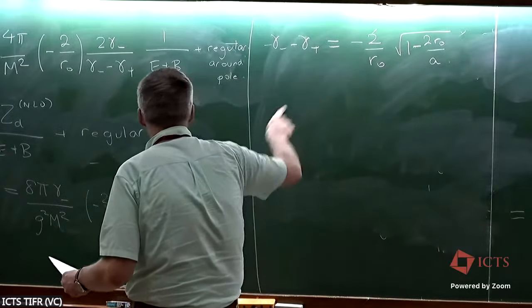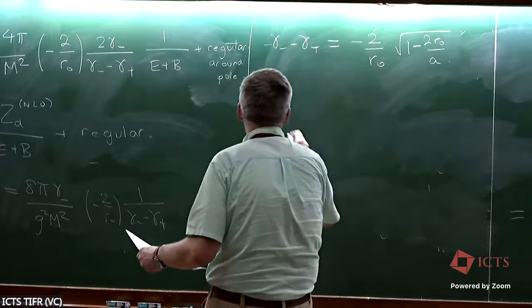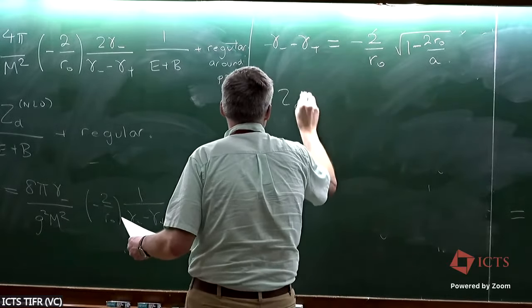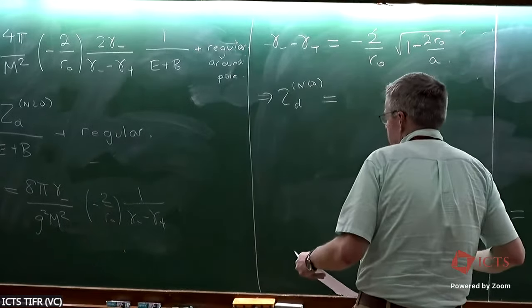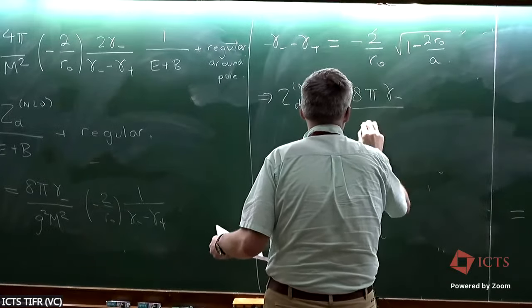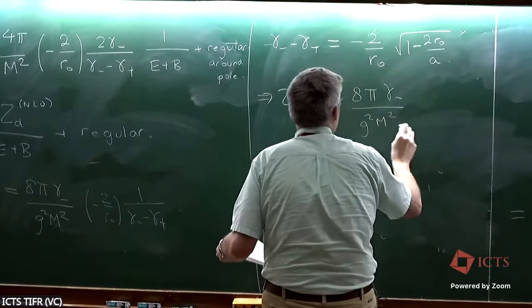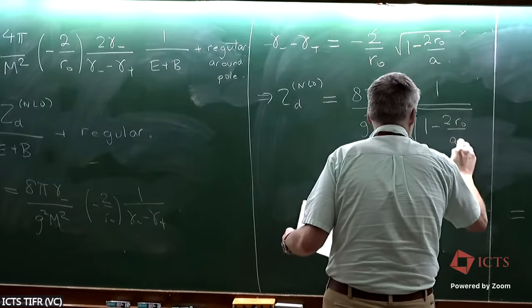So this factor of minus 2 over r0 cancels, which is good because we want the wave function renormalization to be positive. Otherwise, it's a ghost pole. So this is 8 pi gamma minus over g squared m squared times 1 over the square root of 1 minus 2 r0 over a.